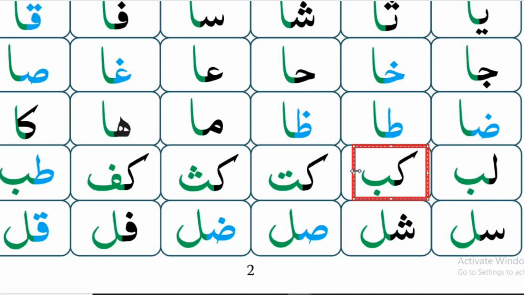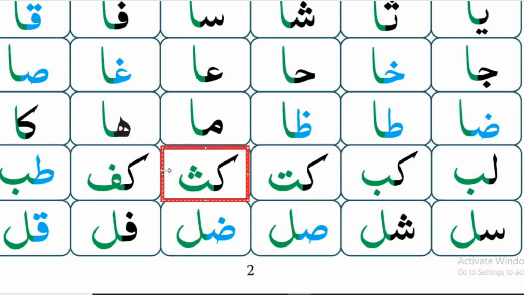Okay, so now this one, as I told you that this is one of the shapes of kaf if it is connected to the next letter. So it is kaf, and the next letter is again ba. So kaf, ba. And here the first letter is again the same. It is kaf, and the next letter is the full shape of ta.